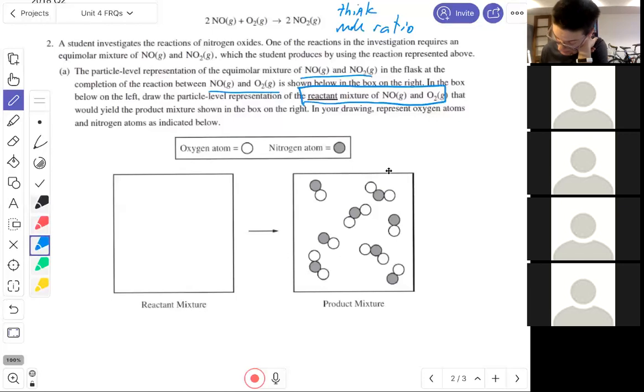So basically, what it's asking you to do is to take this reaction backwards. You need to count the circles, all right? Don't violate the law of conservation of matter.